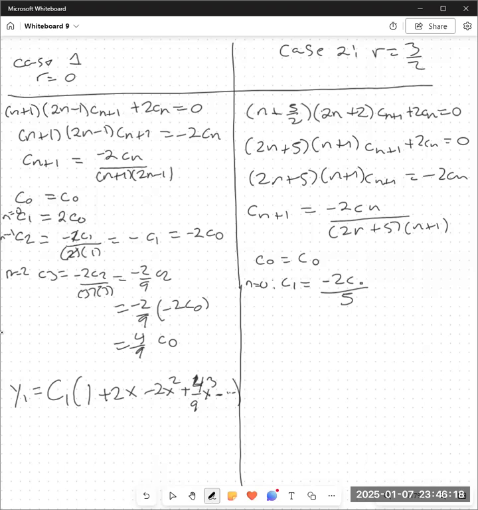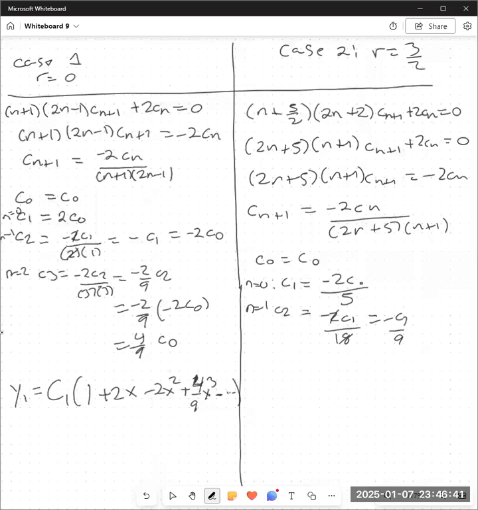And when n equals 1, C2 is equal to -2C1 over 9 times 2 is 18. So that's -C1 over 9. Make sure I got that right.